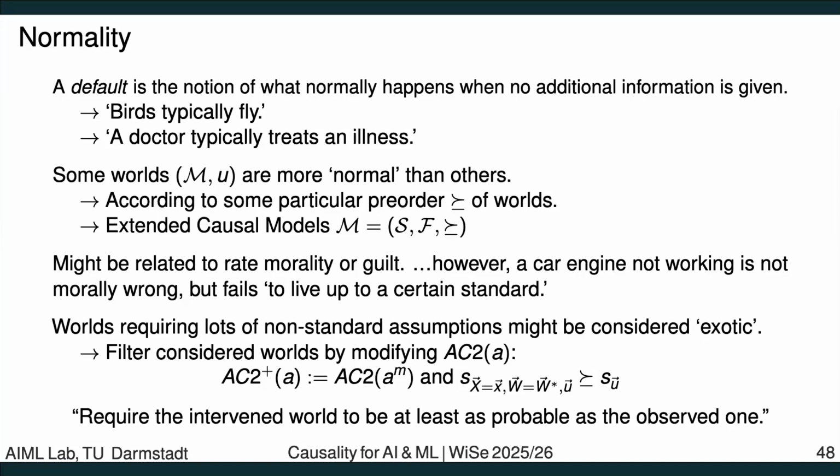If I do all this kind of intervening and want to get an explanation, I would like this explanation to have at least the same notion of normality, or to be at least as probable as the observed one. This might also be under some sort of epsilon, so I might be allowed to consider slightly more improbable settings.